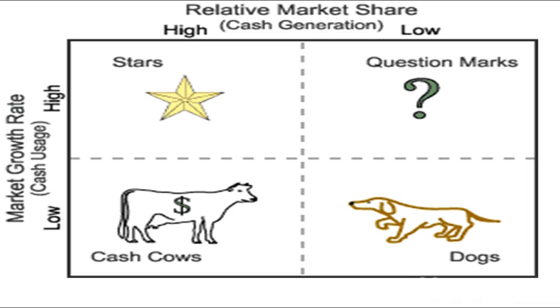Your x-axis is going to determine the relative market share, and your y-axis is going to tell you about the market growth rate. Please make sure that on the x-axis this part is low and this part is high.